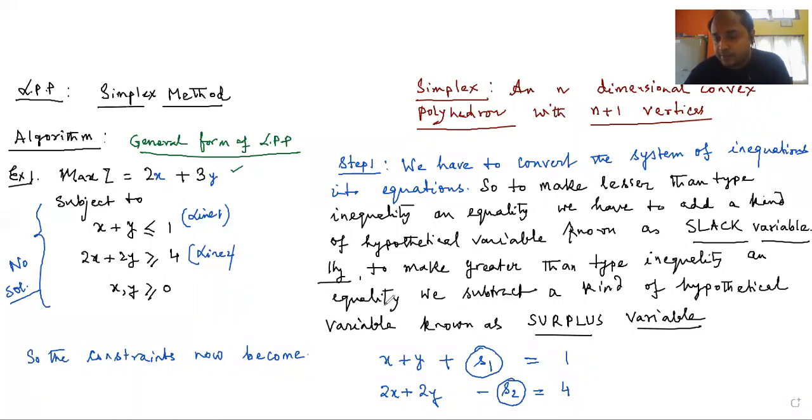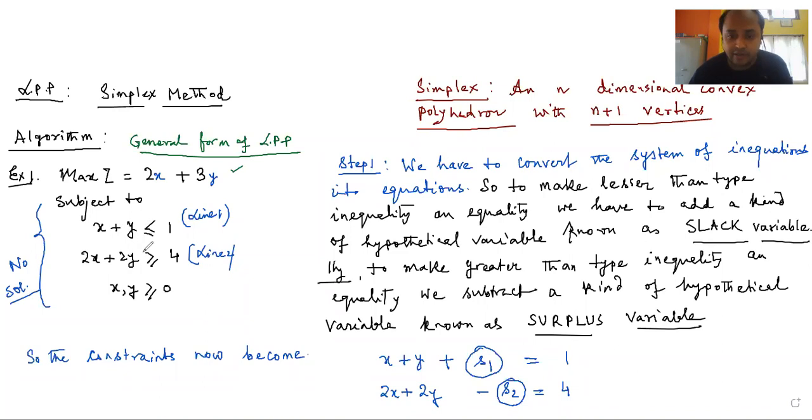But suppose we are not able to solve it graphically, then in that case, we are going to apply Simplex method. But since Simplex method is an algebraic method, it cannot solve inequations. So we are going to make them equations by adding slack variable on the lesser than type of inequality and subtracting surplus variable from the greater than type of inequality.